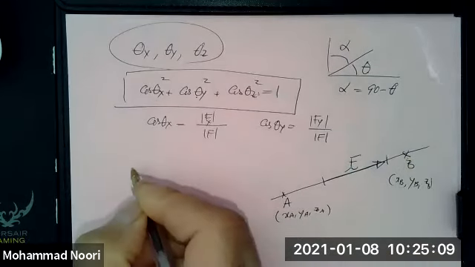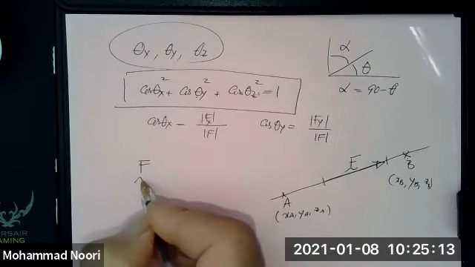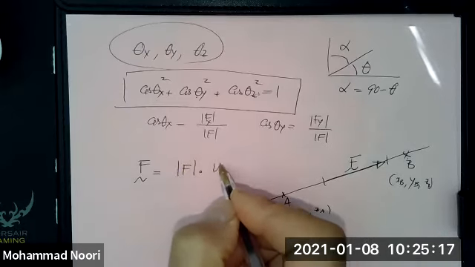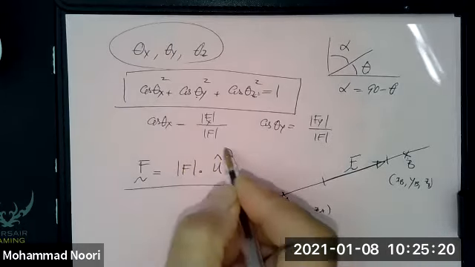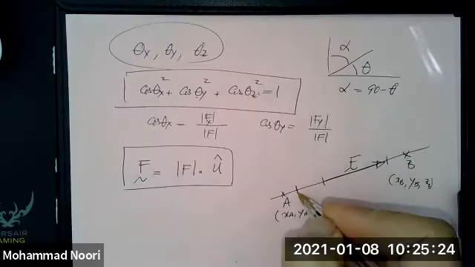By definition, as we showed the other time, the force is the magnitude of the force times the unit vector along the direction of that force. This is also valid in 3D.